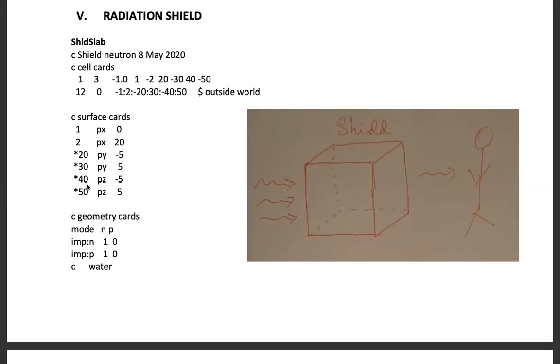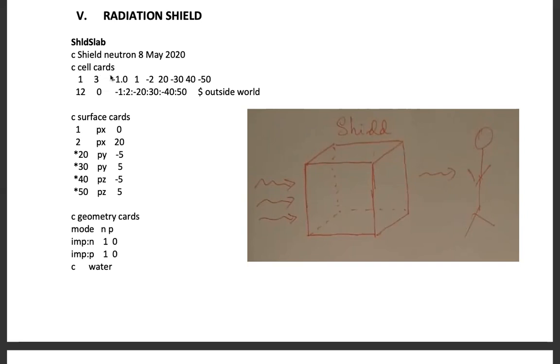On the z-axis, surfaces 40 and 50 also have a thickness of 10 centimeters. So let's say this is the x-axis, that's the y-axis, and that's the z-axis. This distance is 10 centimeters, this distance is 10 centimeters, and this distance is 20 centimeters.